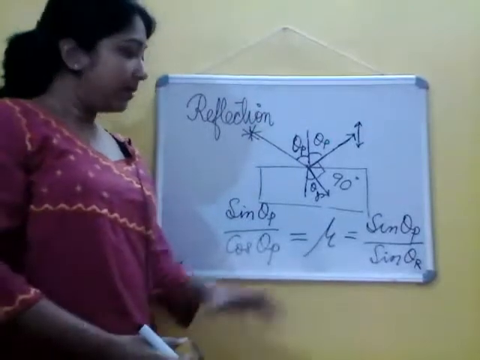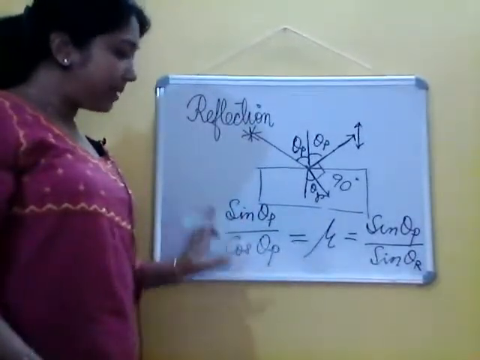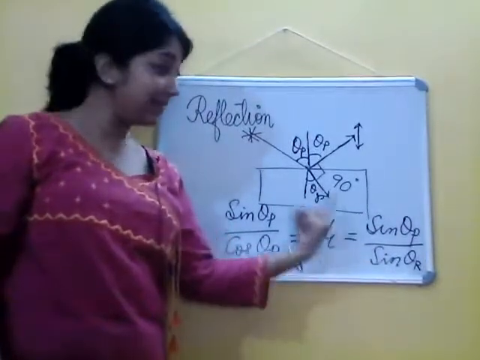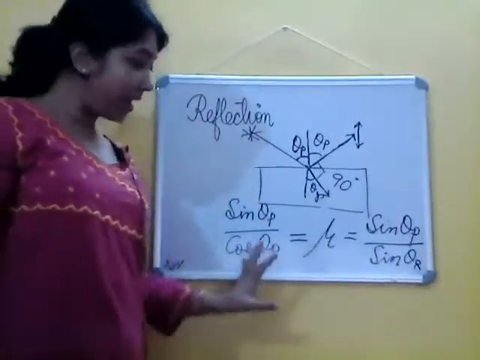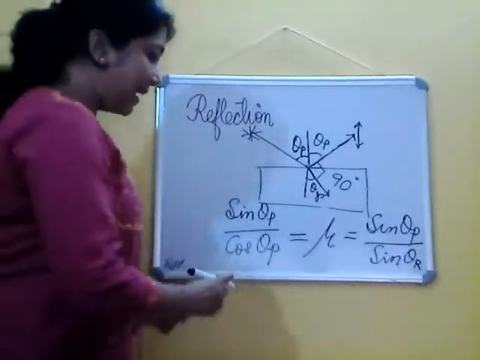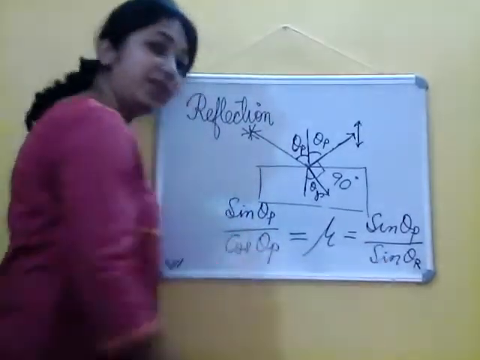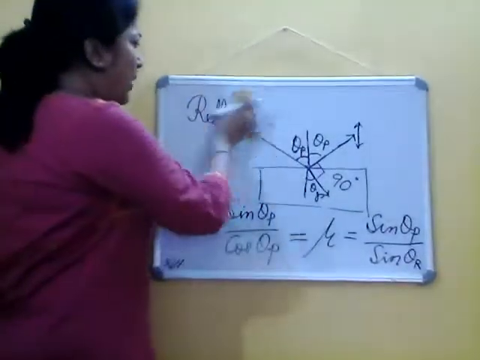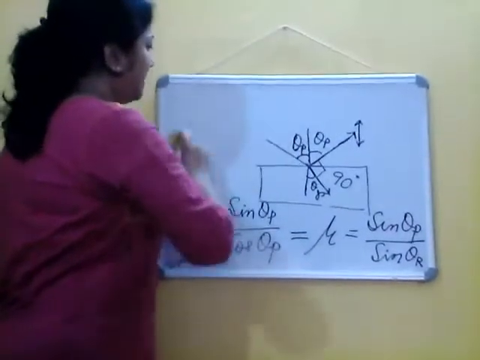So see, mu is equal to sine theta p by cos theta p. Again, mu is equal to sine theta p by sine theta r. So when I equate these two, what is coming out? It is seen that cos theta p must be equal to sine theta r. Agree?